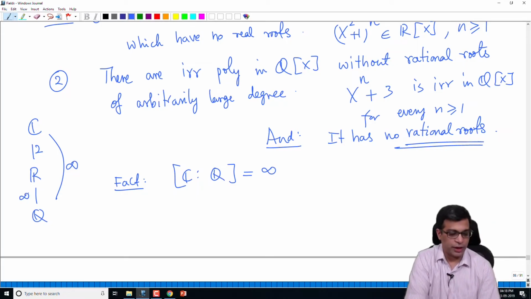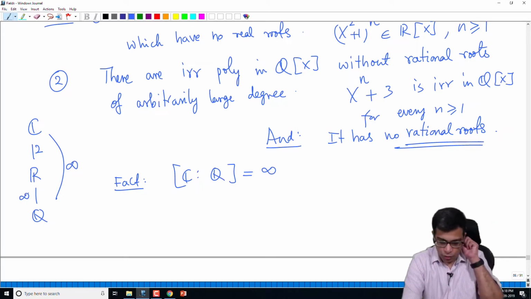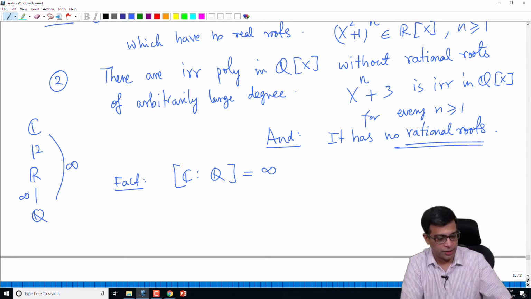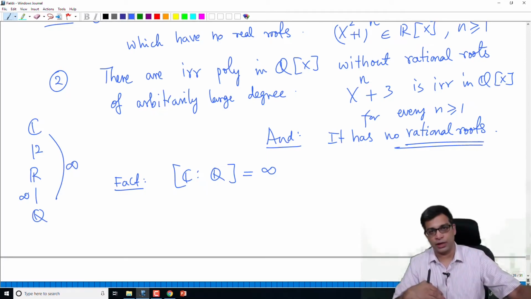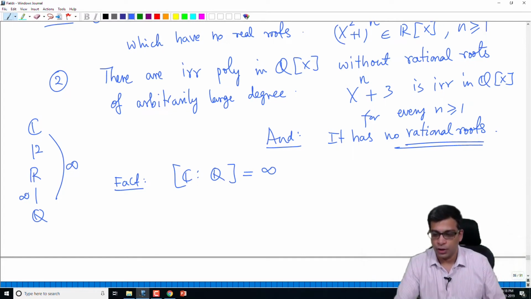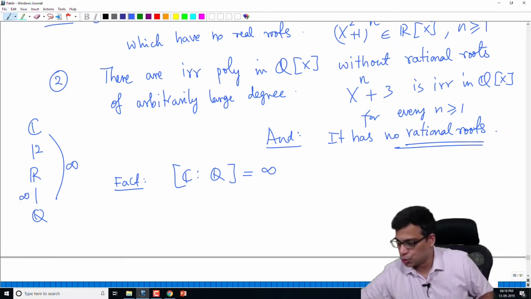Okay. If this is finite, of course the whole thing will be finite. So one way to prove that C over Q is infinite is to prove that R over Q is infinite. So Q is very far from being algebraically closed. So there are lots and lots of irreducible polynomials which have no roots, whereas R is not quite algebraically closed, but it is close to being algebraically closed.